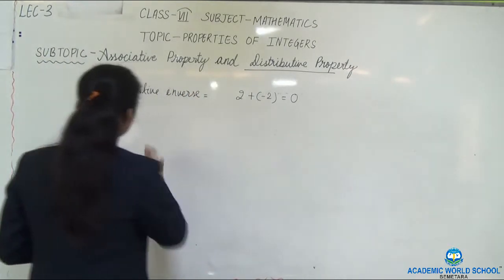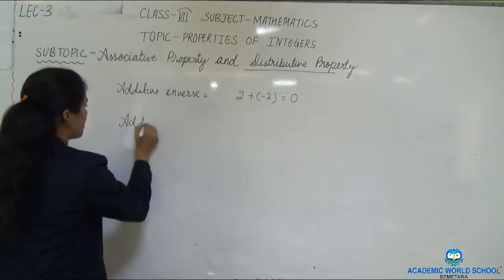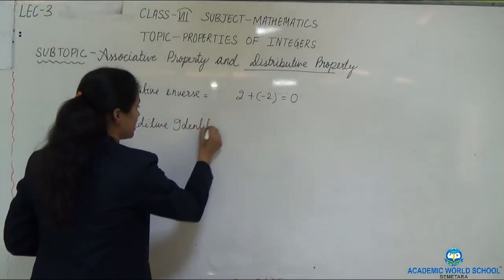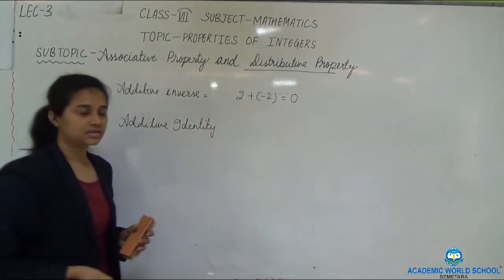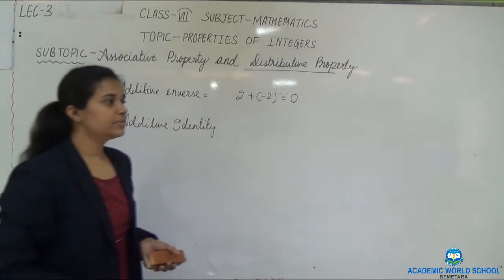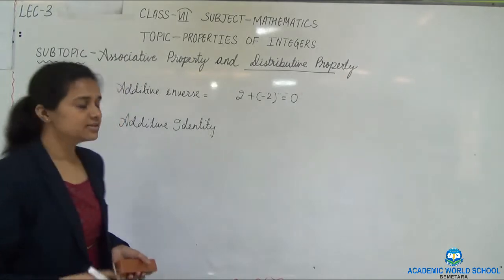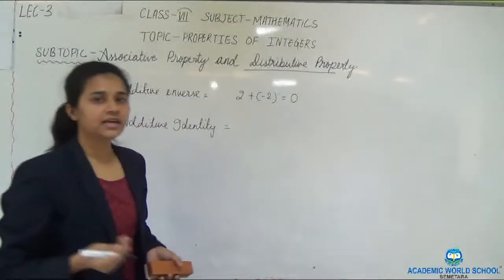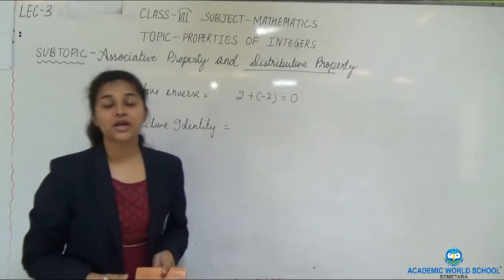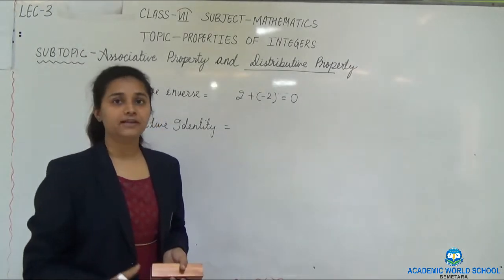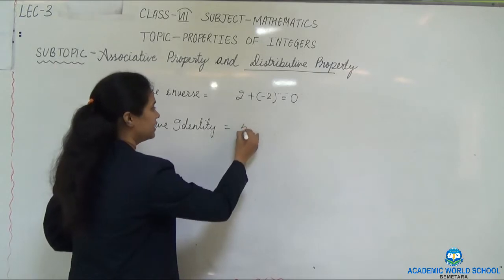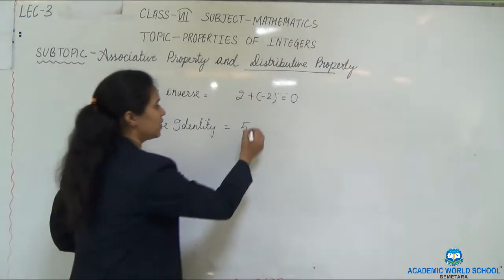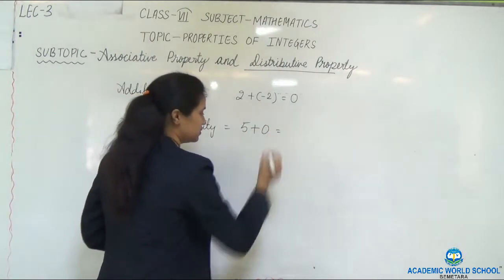The next one is our additive identity. Additive identity means if we add any number to that number, we get the same value. If I am taking any number 5, what should I add to 5 to get 5? I can add only 0 over here.